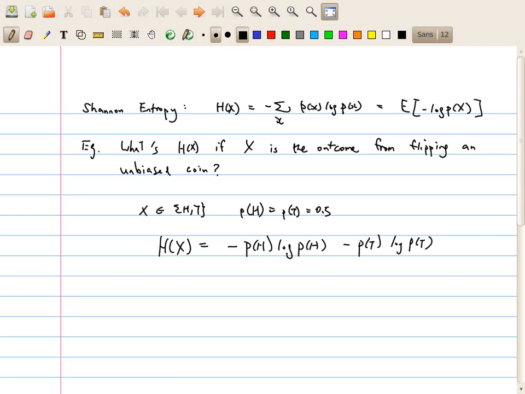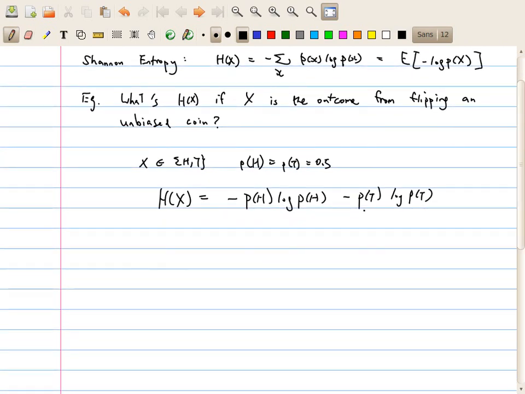And by the way, we are using log to represent log base 2 here. For all these videos, unless we specify otherwise, we are using log base 2 all the time. And the unit for the Shannon entropy will be bits if we use log base 2.